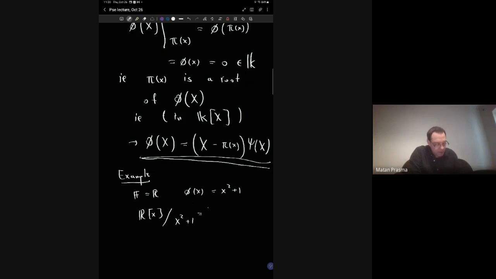As a set, it is simply the set of all possible remainder polynomials, a0 plus a1x, where a0 and a1 could also be 0. So in general, this is all the expressions a0 plus a1x, where a0 and a1 are elements in R.